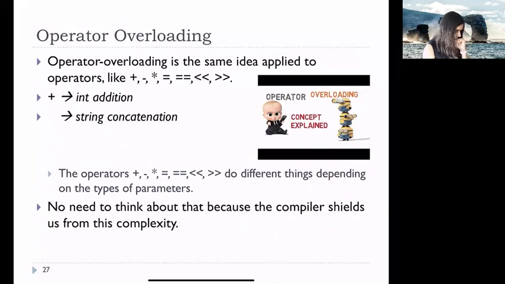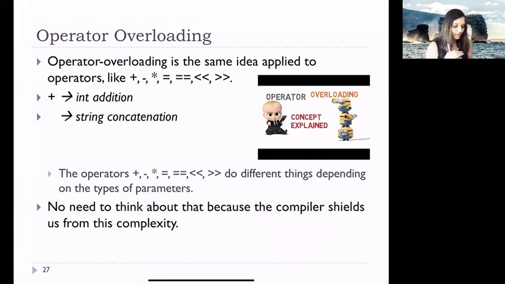Next, we will talk about operator overloading. That's the same concept as function overloading, but rather than functions, now we are dealing with operators. As soon as we say the word operator, something must trigger your mind: there are different types of operators that your compiler considers, such as unary operator, binary operator, ternary operator.